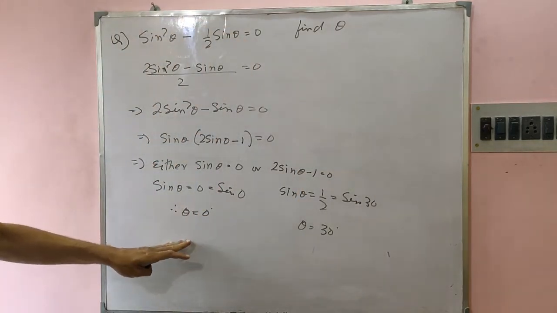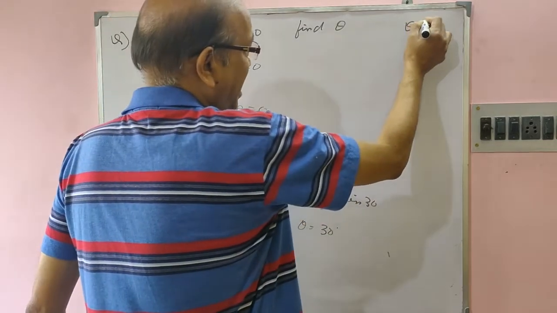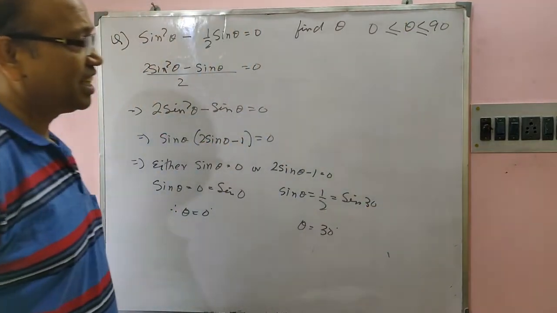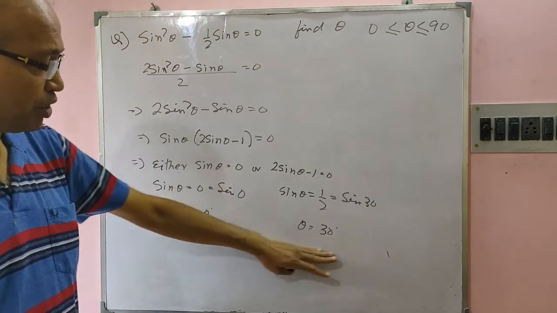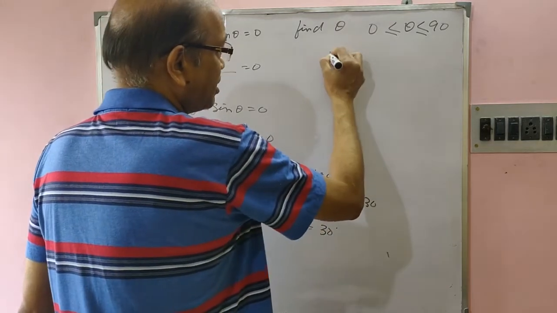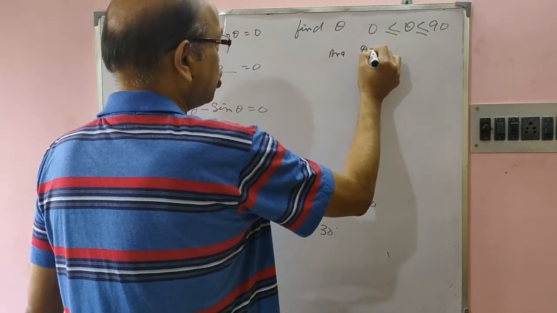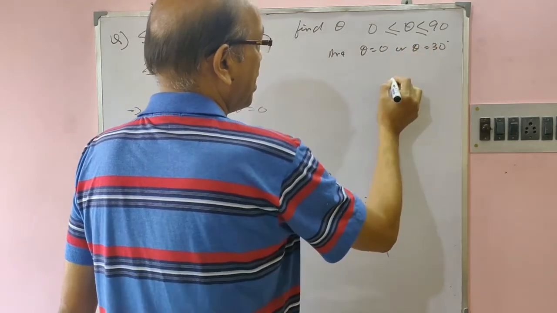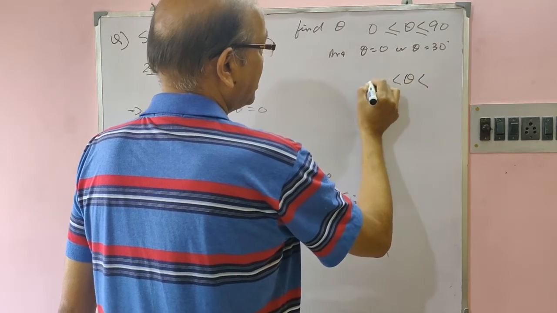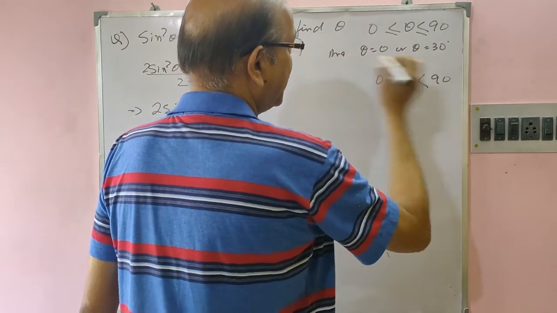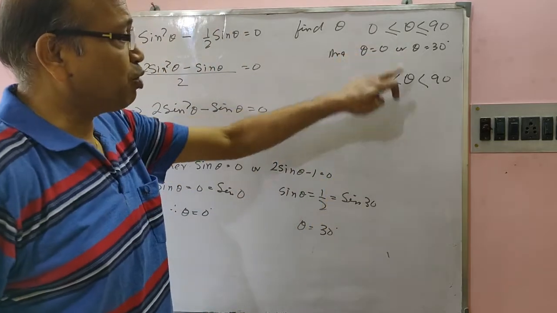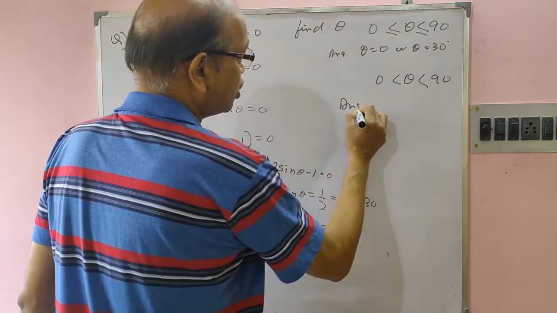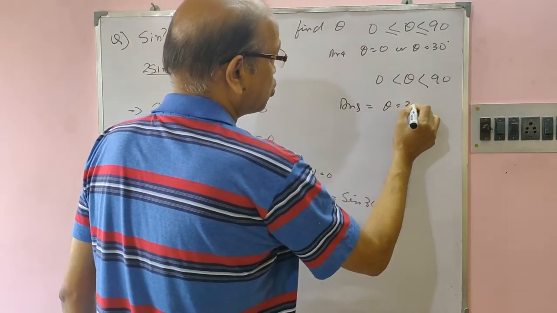Now see, if the question says theta lies between 0 and 90 inclusive, then my answers will be both, theta is equal to 0 or theta is equal to 30 degrees. But if they say 0 to 90, see the symbols here, theta is greater than 0, less than 90, then your answer will be theta is equal to 30 degrees.